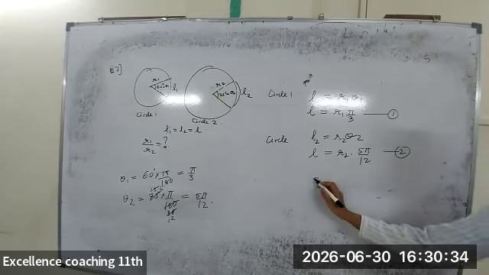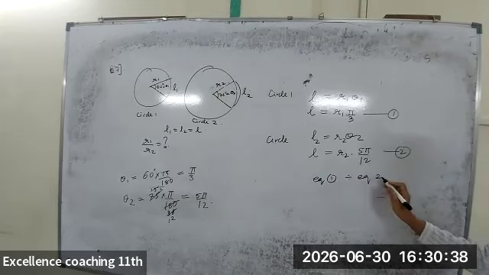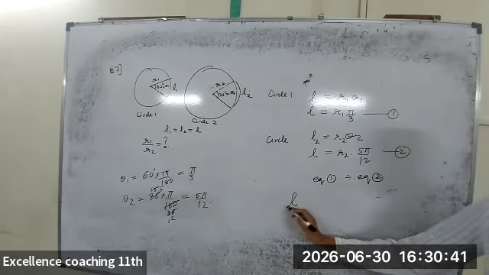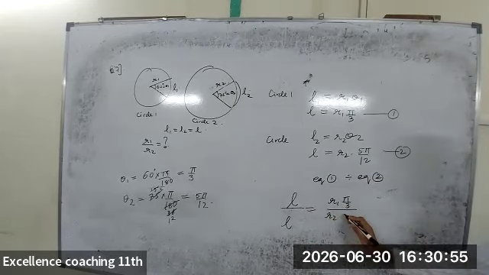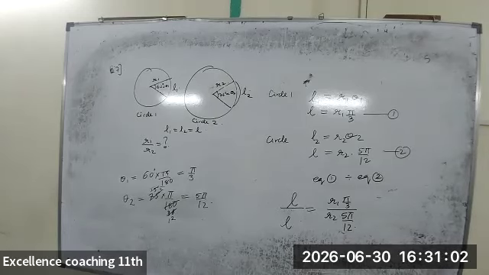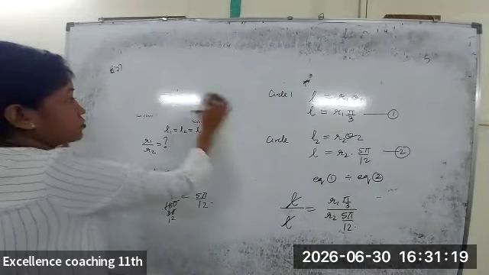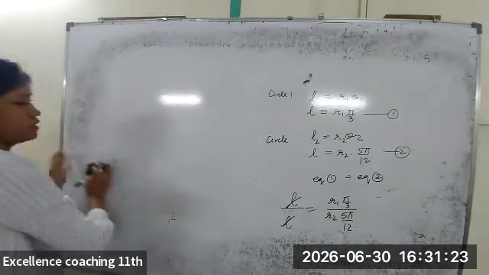Now ratio means equation 1 divided by equation 2. On this side it will be L upon L only, and this will cancel. So R1 upon R2, you can just keep them at the side.